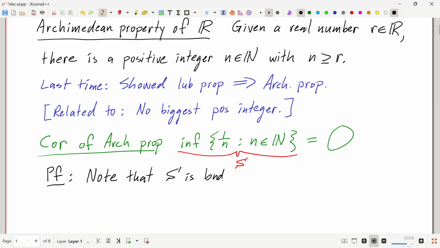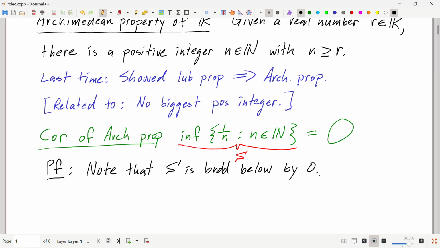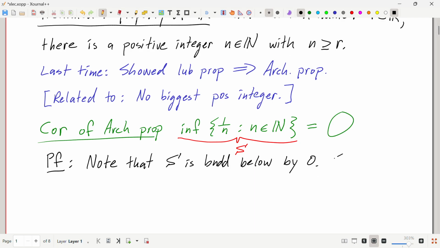So a set that's bounded below has a greatest lower bound. That's the greatest lower bound principle. Any set that has a lower bound has to have a greatest lower bound. So S has an infimum. The greatest lower bound equals an inf.